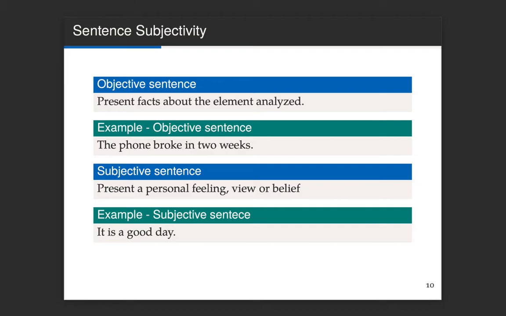But I'm talking about subjectivity here because sometimes it is confused that all subjective sentences are opinions, and this is not true. As you can see in the example, it is a good day.